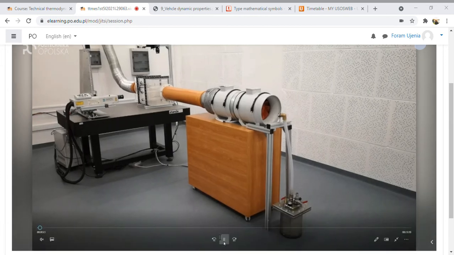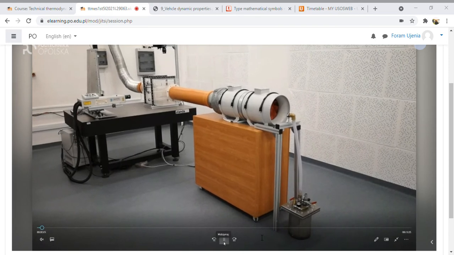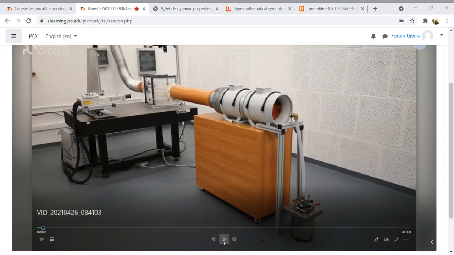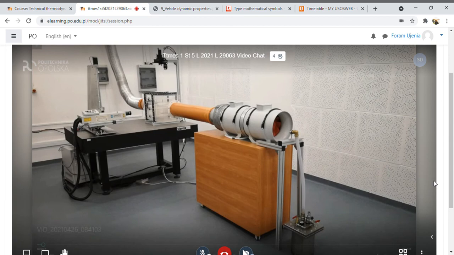Okay, so this is a typical experimental stand for PIV research. There we have the camera. There we have the laser, the power supply of the laser, and the object for measurement.